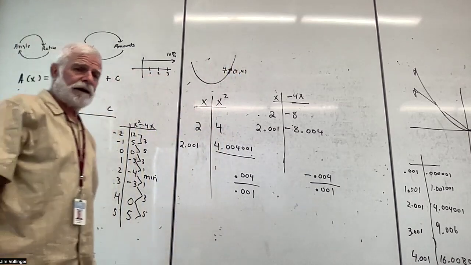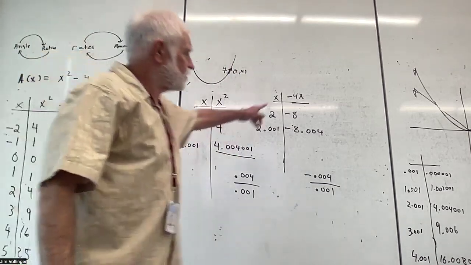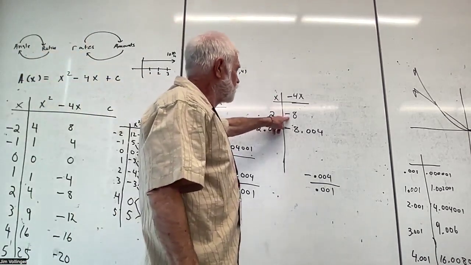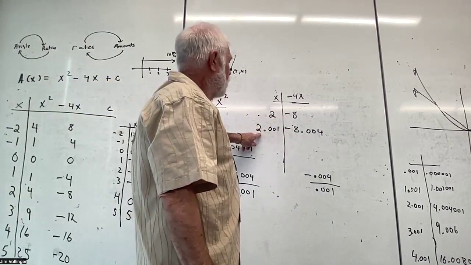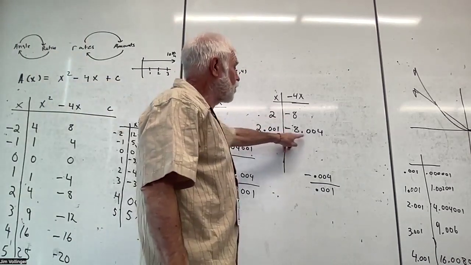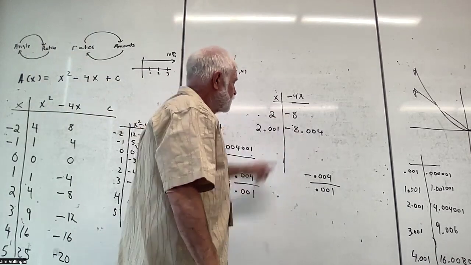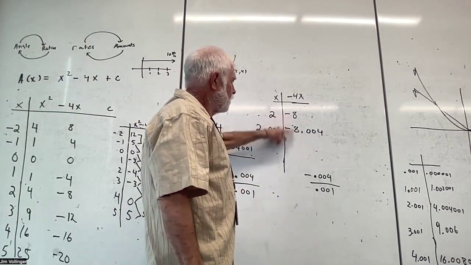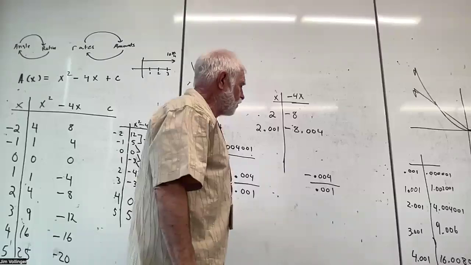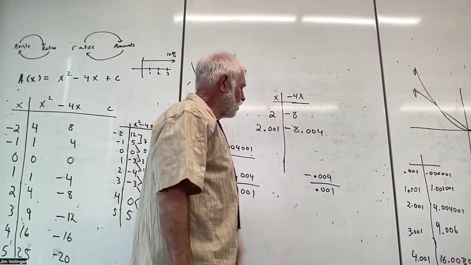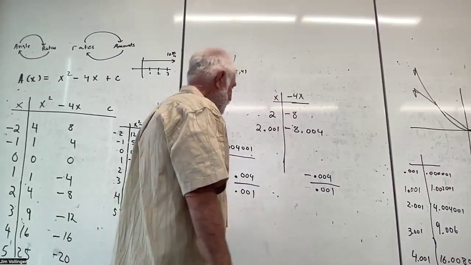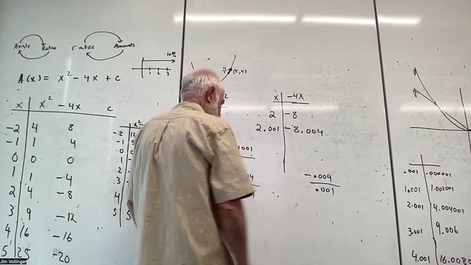Okay. And we were looking at minus 4x as well, and 2 times -4 is -8, but 2.001 times -4 is -8.004. This number is smaller than that. So y2 minus y1 is actually -0.004 divided by 0.001. Huh, that one's going down at 4 to 1.